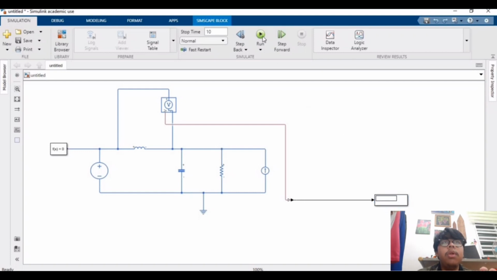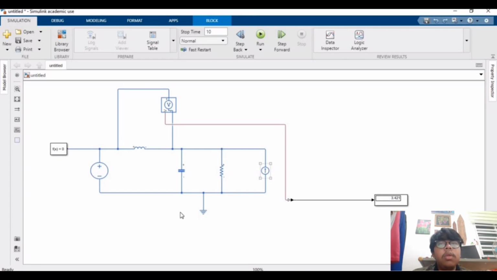So we will run for the 10 voltage source. And as you can see, this is the voltage when we put the resource as 10.